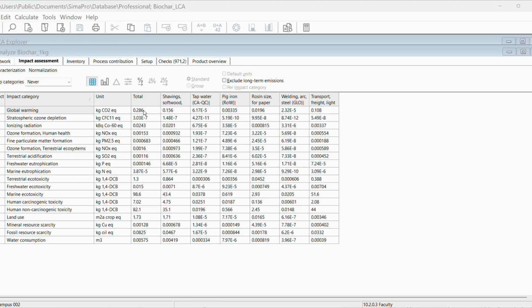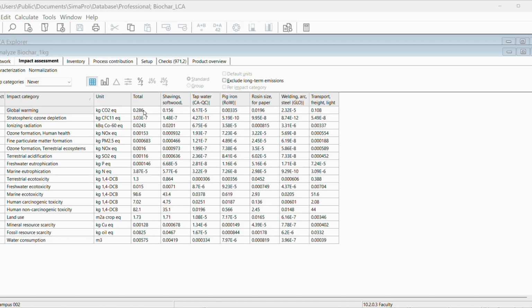And normally 1 kg of biochar can retain around 3 kg of carbon dioxide equivalent, although it depends on the carbon content, and we are not going into detailed technical analysis.